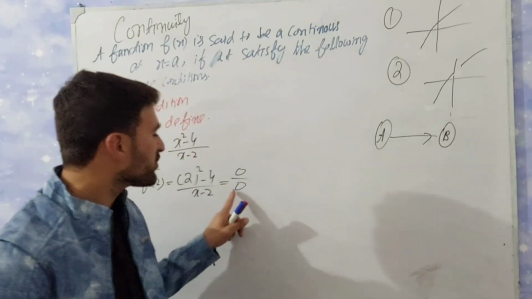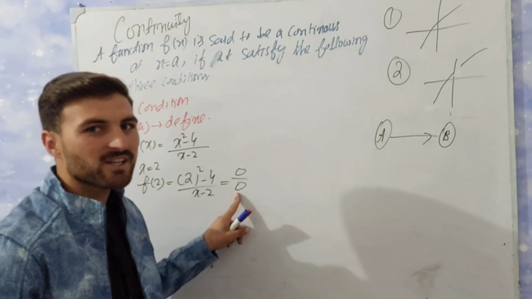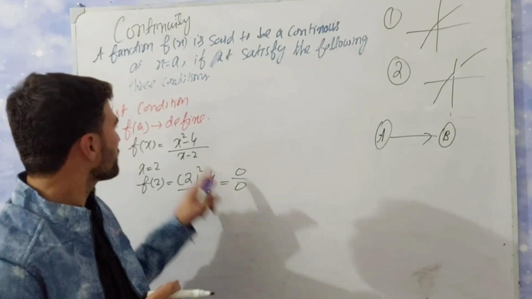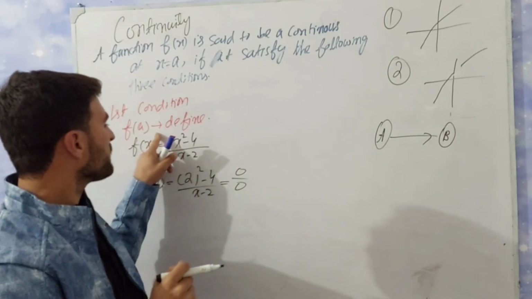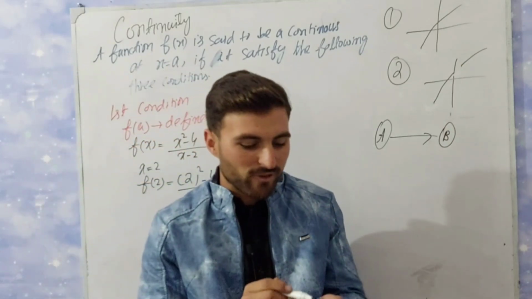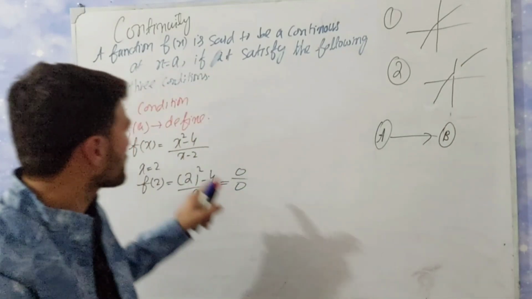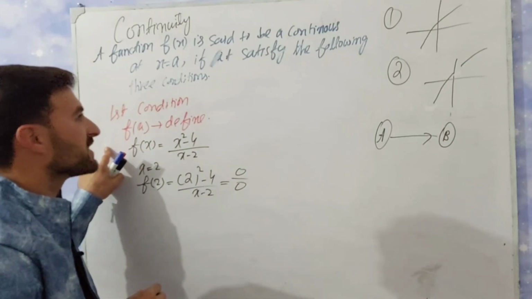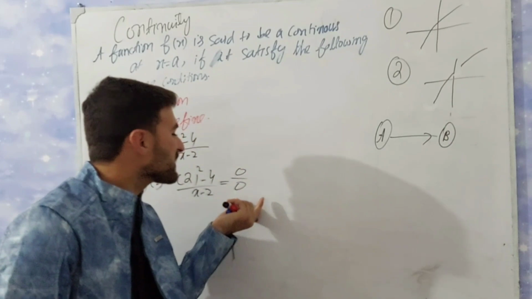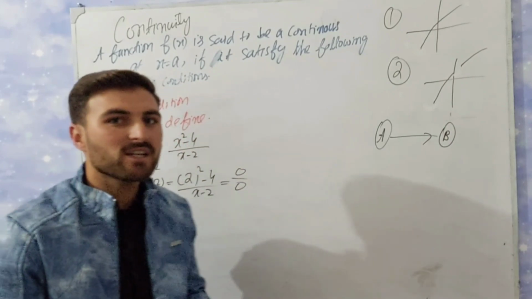If there is 0 in the denominator, the answer will be undefined. So if the answer comes undefined, the first condition is not satisfied. So we can say that the function is not a continuous function.